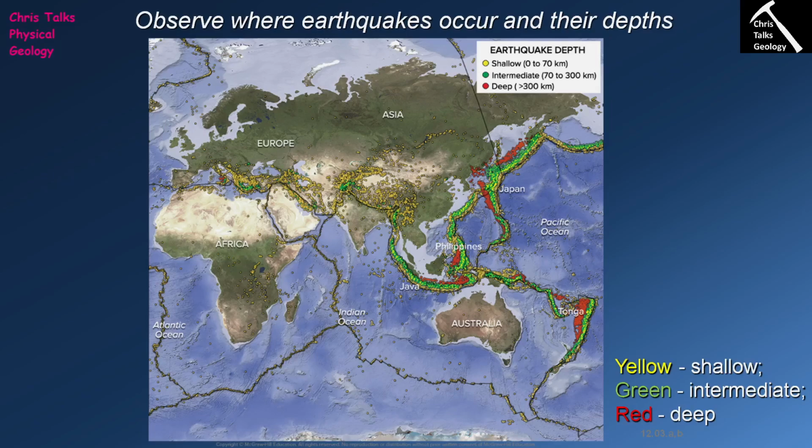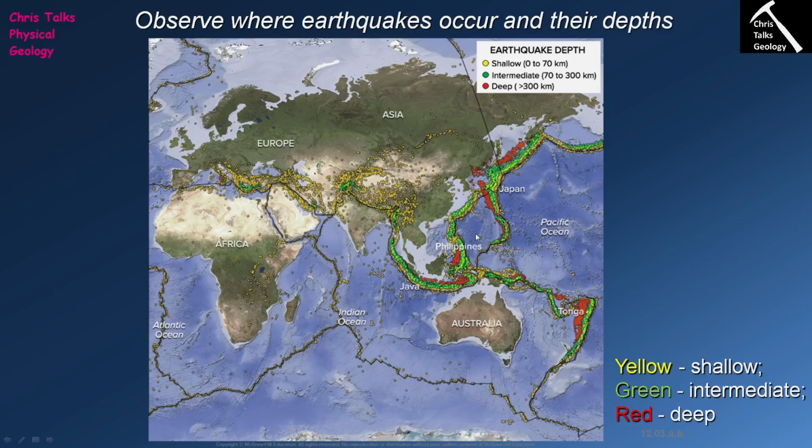Well, if we look at the location of these deeper earthquakes, we will see that they are associated with subduction zones. We have a subduction zone running along here, that's the Aleutian Trench. We have a subduction zone running down here, a subduction zone here, there, and also coming along here and down here towards New Zealand.